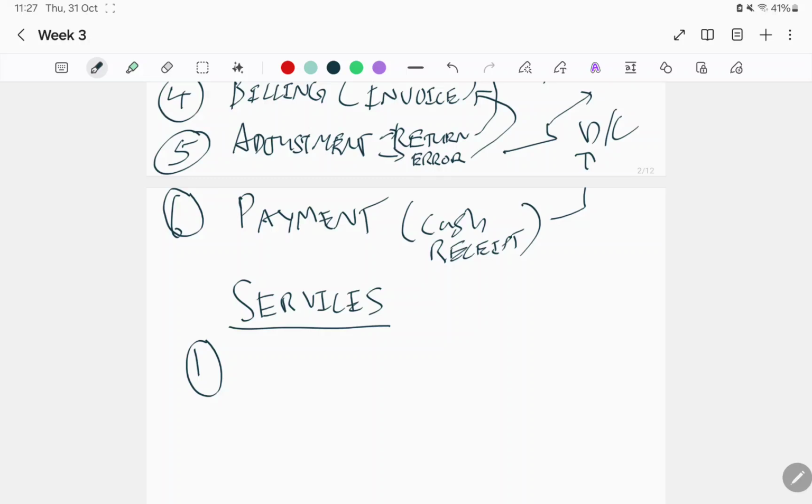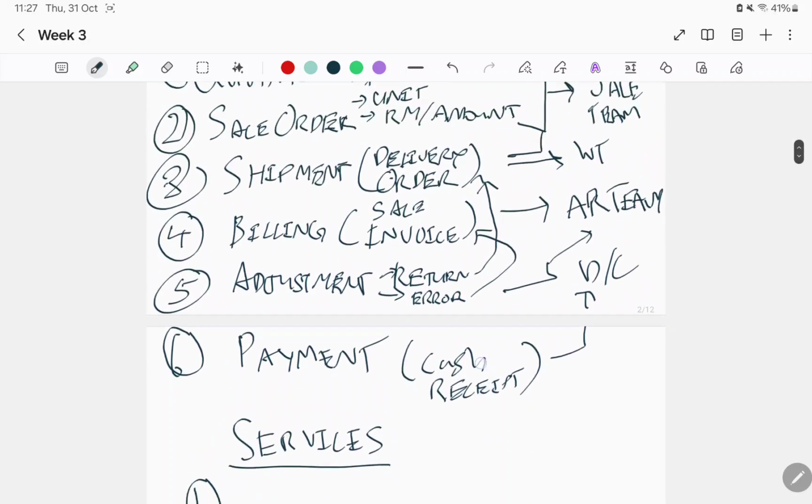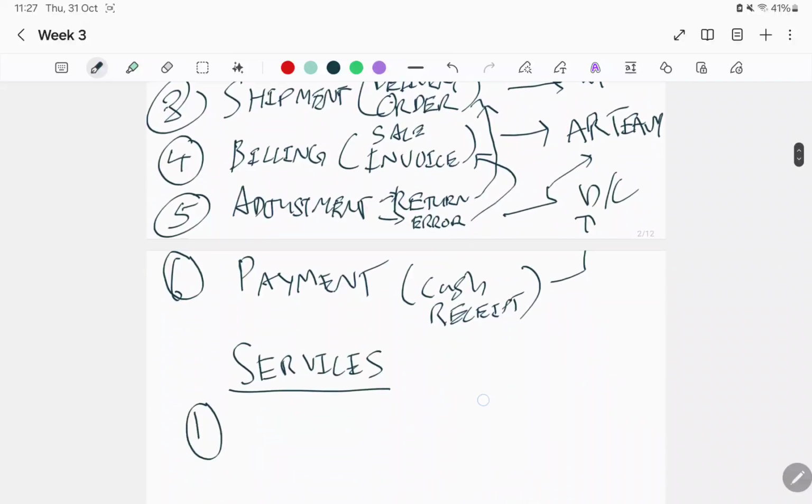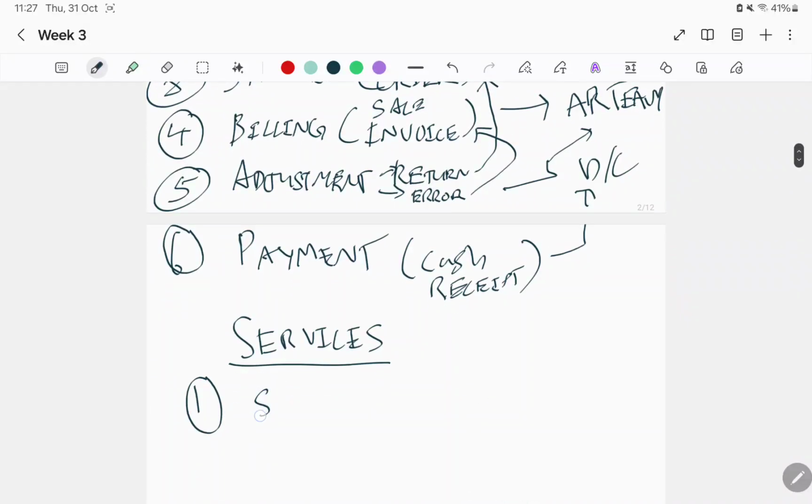From this aspect, I guess it's pretty much clear and straightforward. You will actually start with the services itself. What type of services? Maybe installation of aircon.